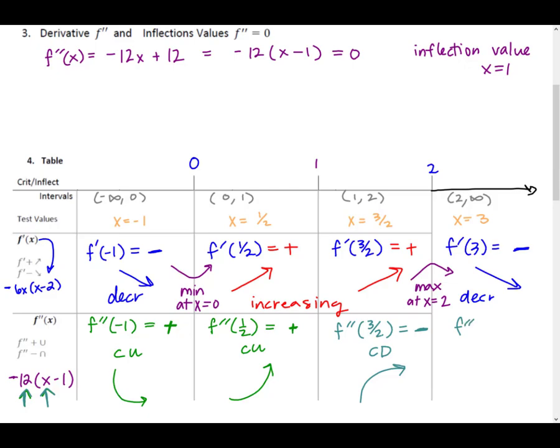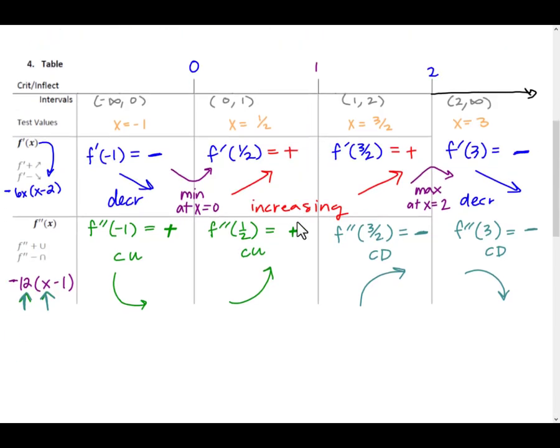Let's look at one more. F double prime of test value 3. Negative 12 in front. 3 minus 2 is positive. Negative times a positive is negative. So this is concave down, and it's concave down decreasing. All right? So again, when you are drawing these sketches, don't draw a U or a frown. Draw the left or the right half. That's what's going to help you interpret your information.